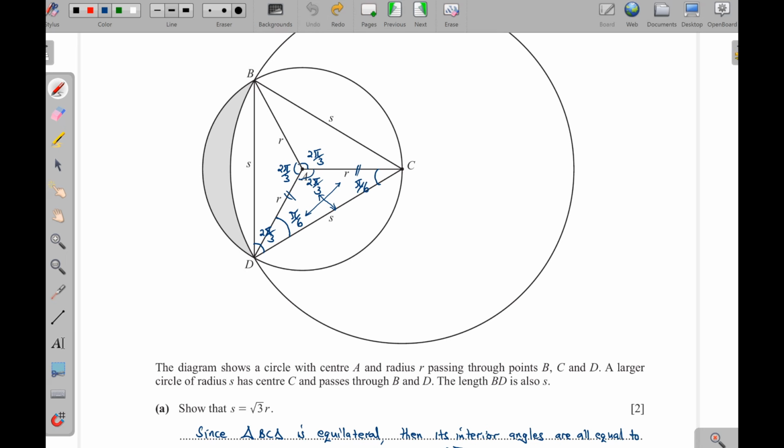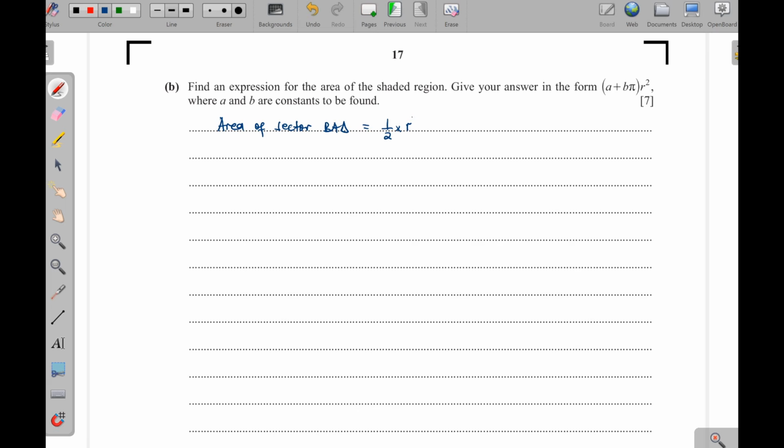We don't know the radius, but r squared, I will leave it there. Then we have the angle here, 2 pi over 3. So this one will go. Then we have our answer here as pi over 3 r squared. I'll keep that.